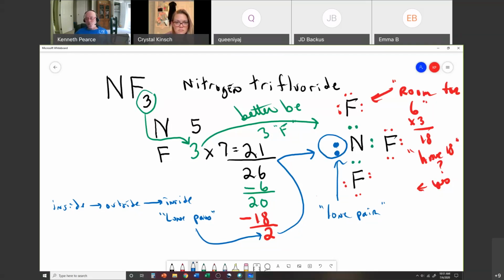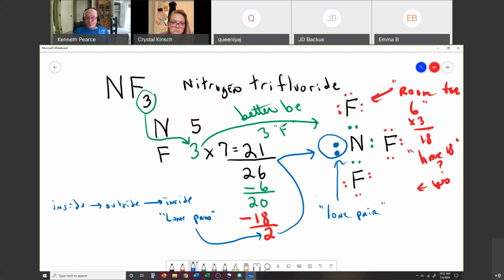And my part of the world says circle lone pairs. Also, the reason why you circle lone pairs is they take up space. More on that with geometries. When we're looking at geometries, it's important that we understand that lone pairs take up space and that they exist. Okay. Sometimes we forget that electrons take up just as much space as atoms do if they're just floating around.